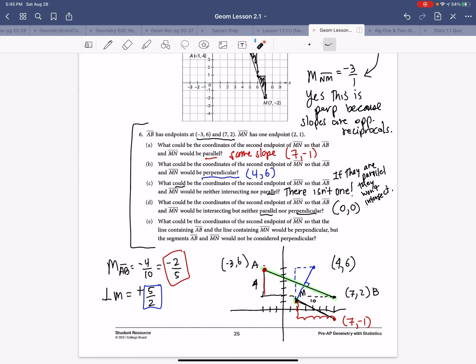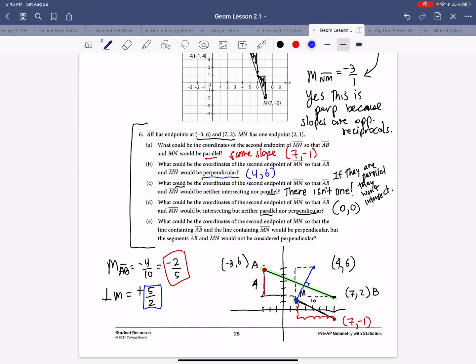Okay, so notice I picked this coordinate and these segments are perpendicular. And if we extended these lines to infinity, they're perpendicular. I see what they're saying. So they want me to pick a coordinate that's perpendicular but ends up being maybe over here. You see what I'm saying? Okay, maybe you don't, maybe you do, but we'll go with it, right?